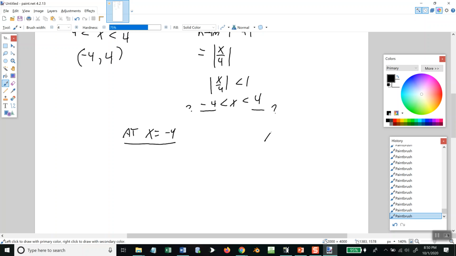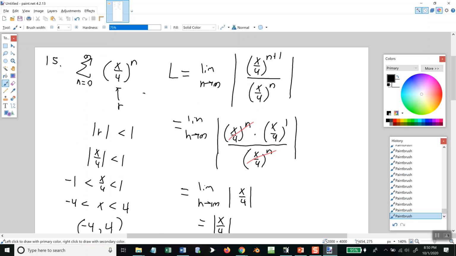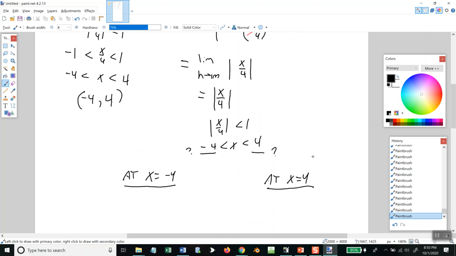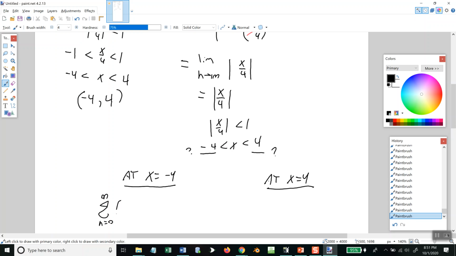So I'm going to examine that. And I'm going to examine at 4. Now, when I say examine them, I'm going to plug them back into my original problem here. So I'll be plugging in negative 4 for the x. Close to my original problem. Let's see, negative 4 to the n.